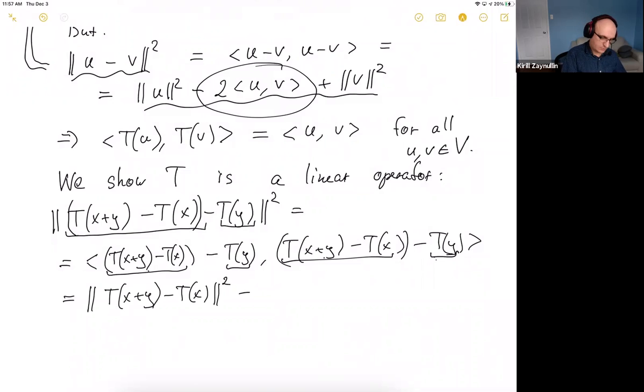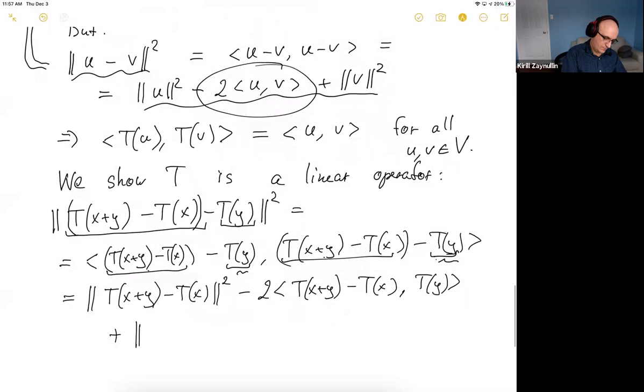Minus 2 times, so T of x plus y minus T of x, comma T of y, plus, well, this times this, which gives me the square of the length of T of y.